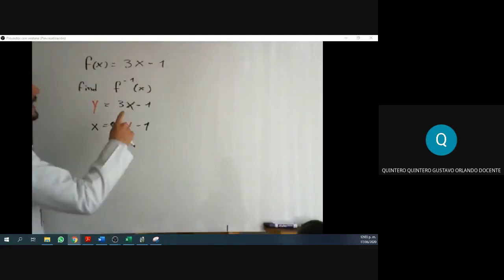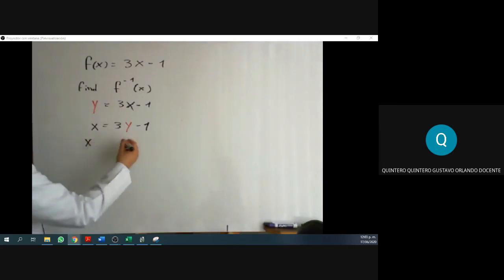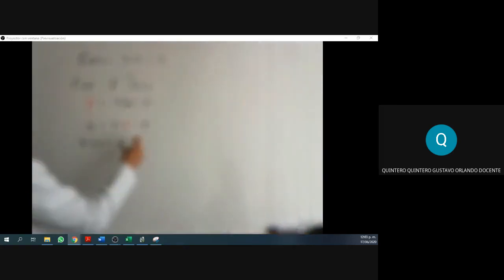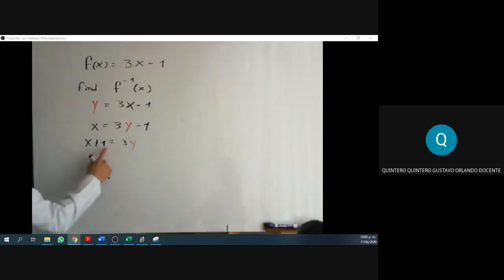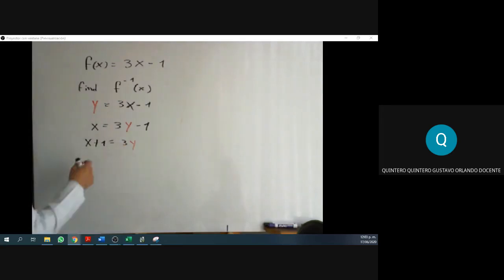From here, simply isolate the variable y. If we're going to isolate it, we take it little by little. So x plus 1 is going to be 3y. The negative 1, I add it to the other side. From here, if I want to isolate y, I want to take out that 3 by dividing, right?